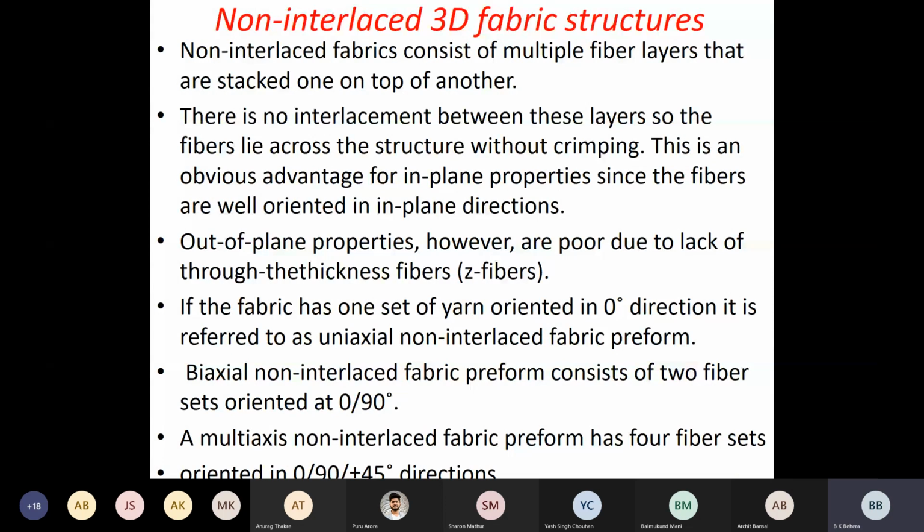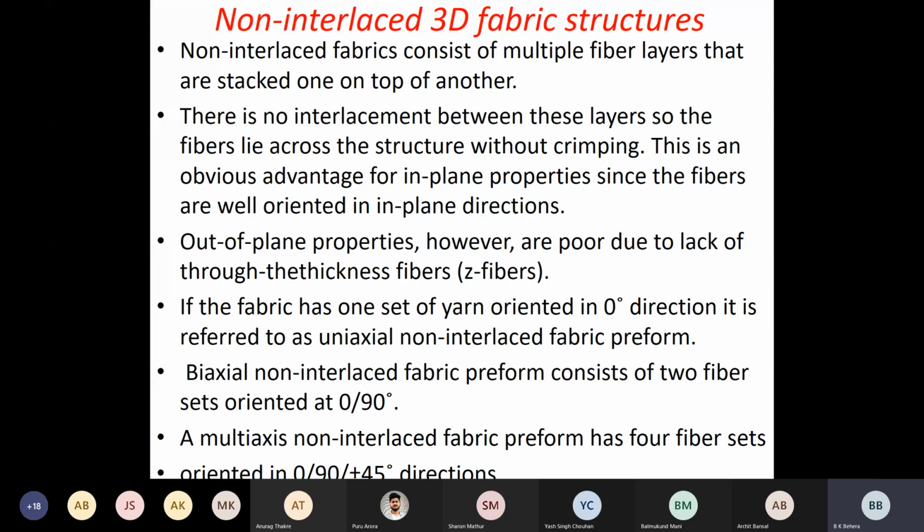You will see we can have yarn in Z axis in thickness direction in case of 3D weaving, where you will get very good out-of-plane properties. Okay.